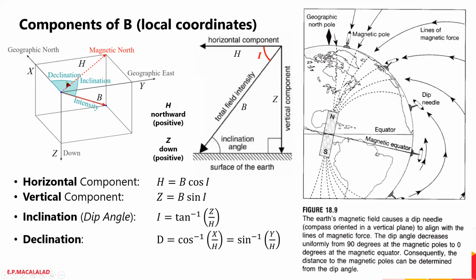Okay, so how important is this? For example, if you hold a compass, that compass will point toward the north magnetic pole. If the declination at that point is zero or near zero, that direction is more or less also the direction of the north geographic pole.